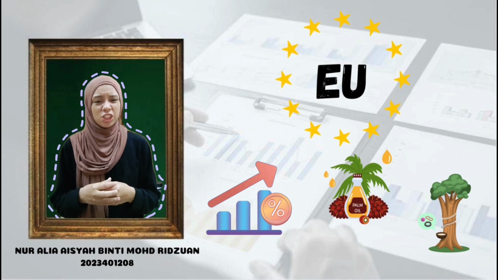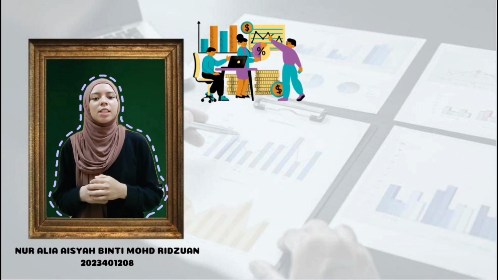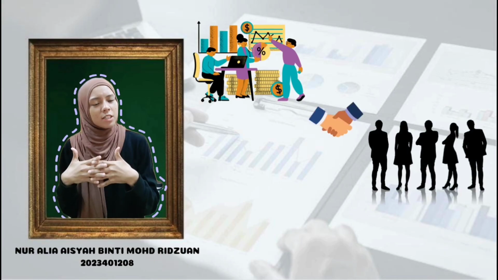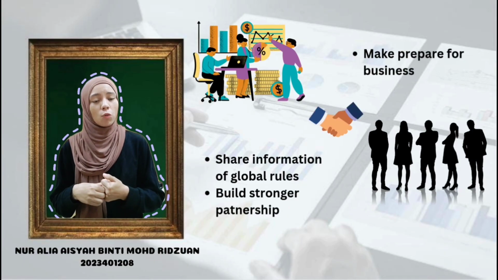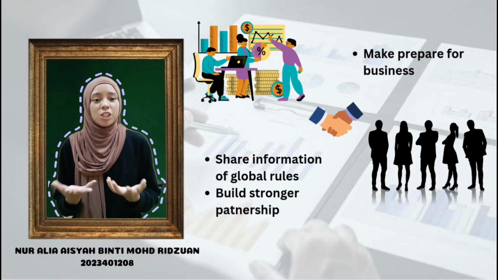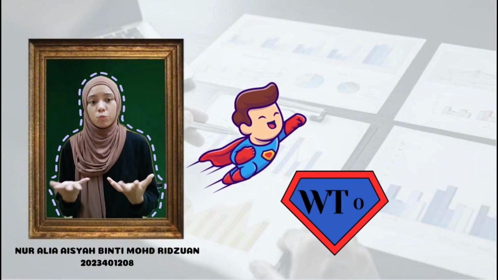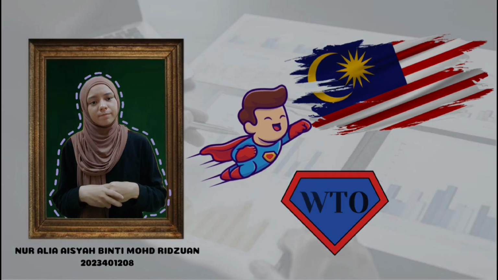As we know of this issue that I have explained on the WTO, Malaysian businesses and government need to work together to help companies prepare better, share information about global rules, and build stronger partnerships. Malaysia uses global platforms like the WTO to fight for fair treatment of our products.